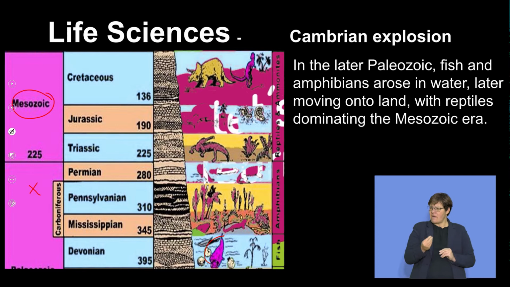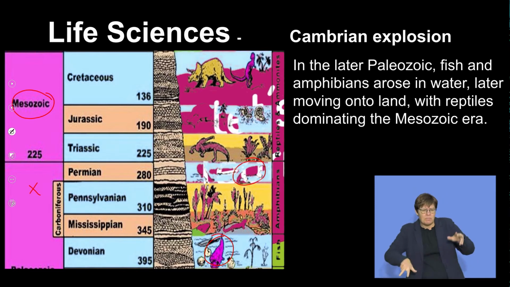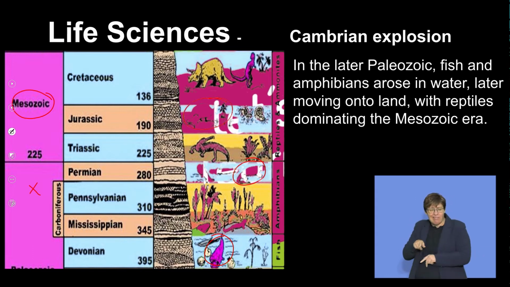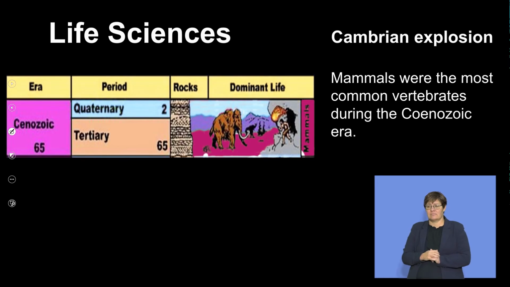You had fish-like structures, then reptiles, and the fish, of course, were in the sea, but the reptiles then moved onto land. And in the Cenozoic era, the dominant form of life was mammals. So the Cenozoic era is called the Age of Mammals, and mammals dominate the Earth today.